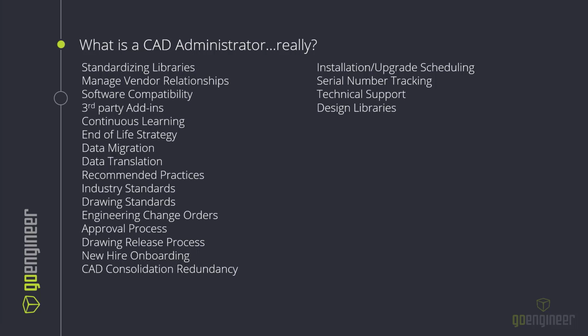And then you've got design libraries, like I mentioned earlier, making sure everyone's using the same settings. It could be your arrow style, kind of like I said, drawing standards, but also just, is everyone using the same settings?